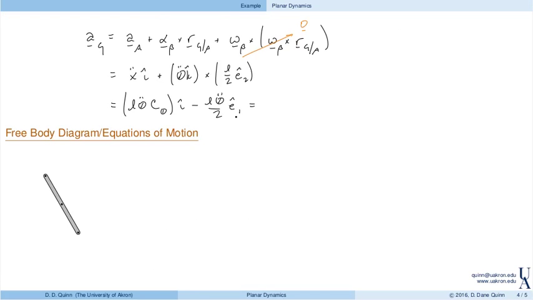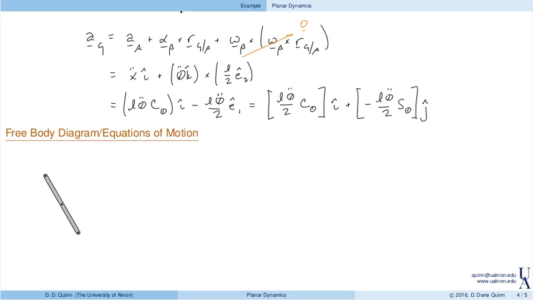So now I can combine these two and I end up with the following. L over 2 theta double dot cosine in the I direction, and then in the j direction, I have minus L theta double dot over 2 sine of theta. So in particular, this term combines with the I component here to give me this. And then we pick up the j component simply from this second term.